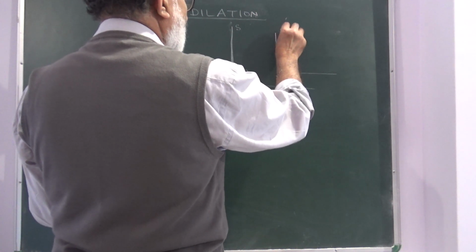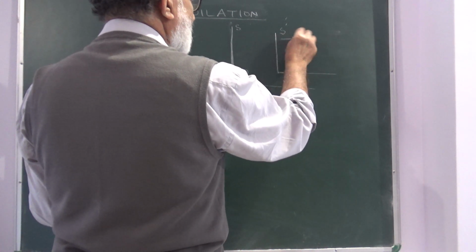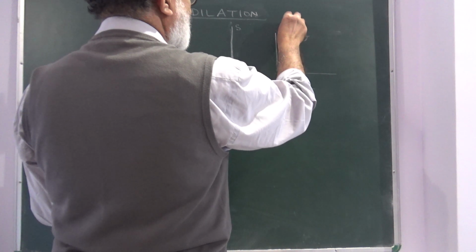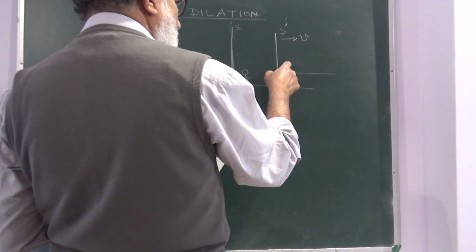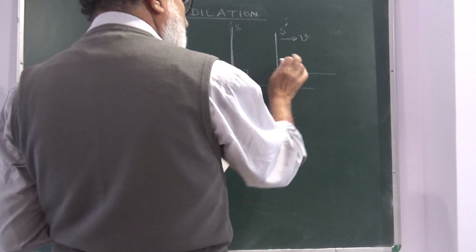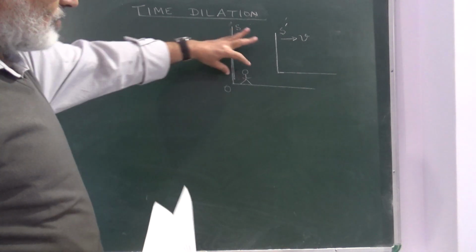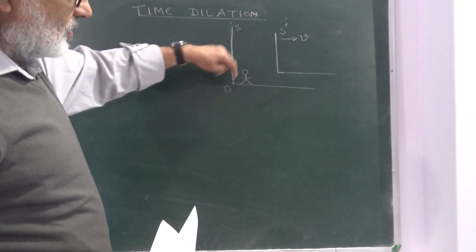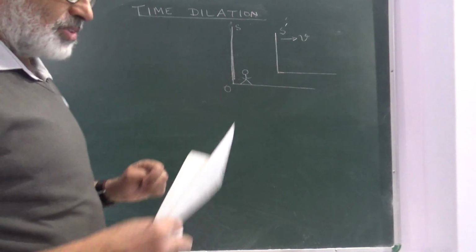Relative to this frame, this S dash frame is moving with a certain velocity. If this observer had been in the other reference frame, for him that would be at rest and this one moving. But now assume that the observer is in the S frame. For him this is at rest and this one is moving.